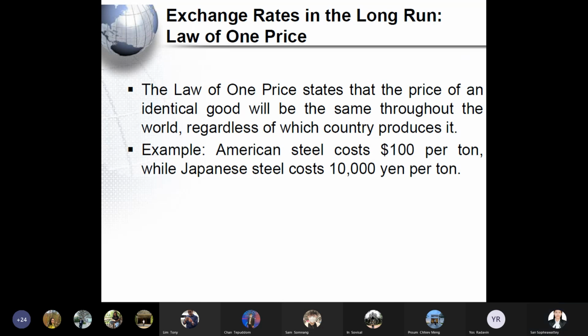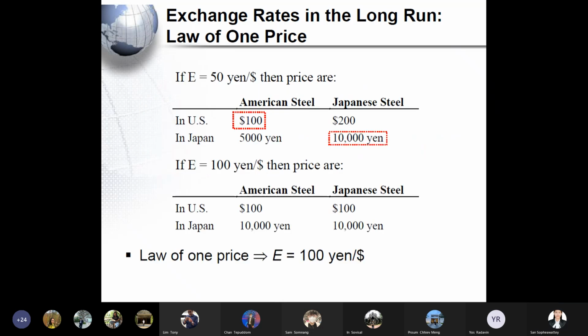So the steel costs the same in the US or in Japan in this case. For example, say the exchange rate between the Japanese yen and the US dollar is 50 yen per US dollar. So we have American steel and Japanese steel. In the US, $100. In Japan, it costs 5,000 yen.